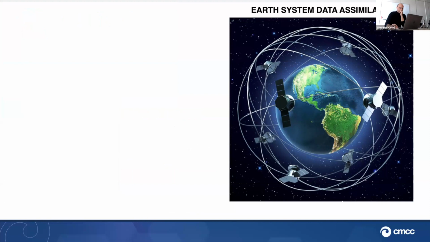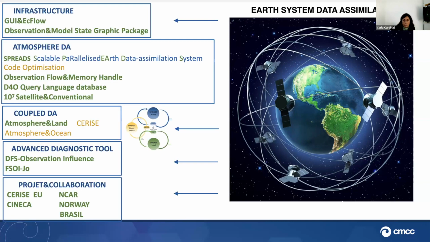And initially it was just me, and unfortunately Giovanni, that is presenting now, joined quite soon after. And in 3 years from scratch, we have created a lot of activity in data assimilation.